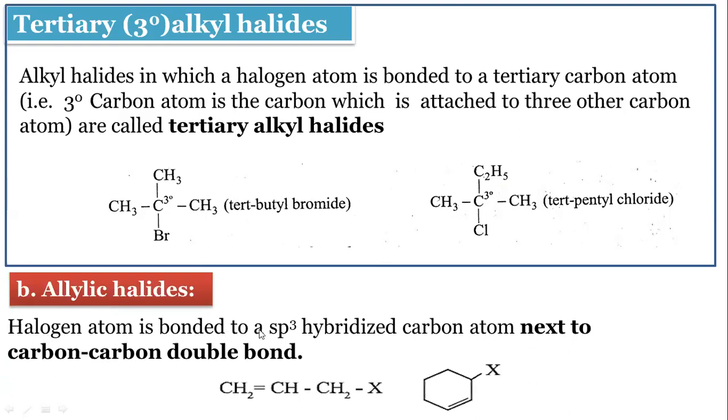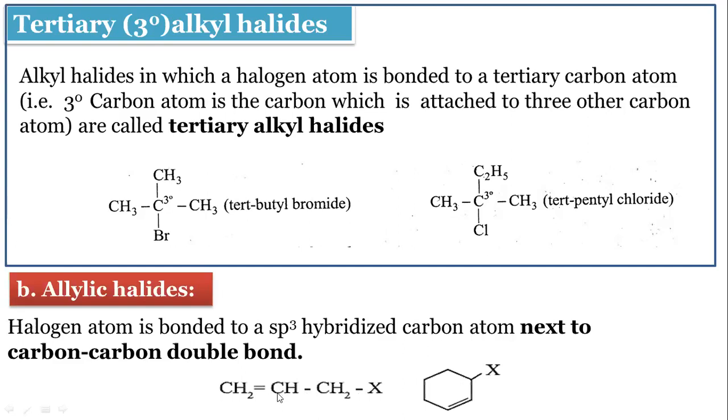The halogen atom is bonded to an sp3 hybridized carbon. Sp3 hybridized means single bonded, sp2 means double bonded, and sp means triple bonded. See here, clearly it is saying X is bonded to the carbon. This carbon is sp3 hybridized because it has single bonds. If a double bond is there, the carbon is sp2 hybridized.